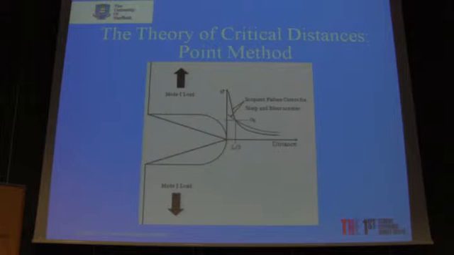By plotting the failure curves ahead of the stress concentration feature, the point at which the lines cross coincides with L/2 and sigma naught, as in the point method.